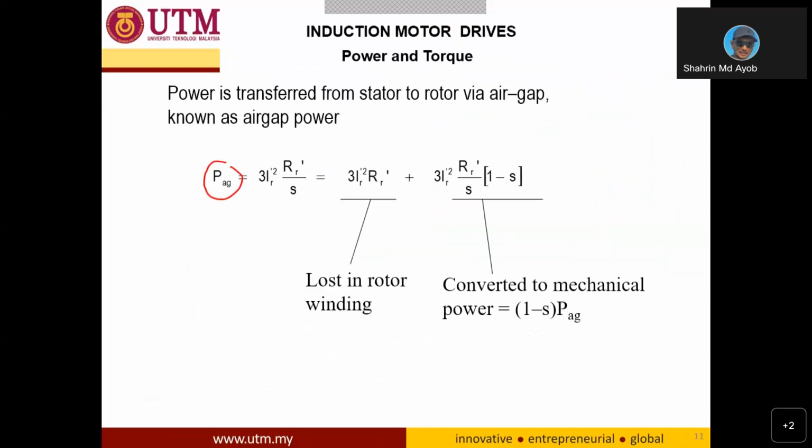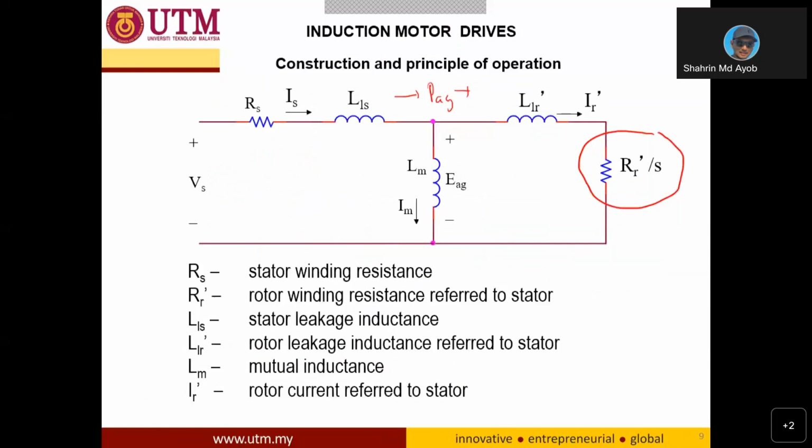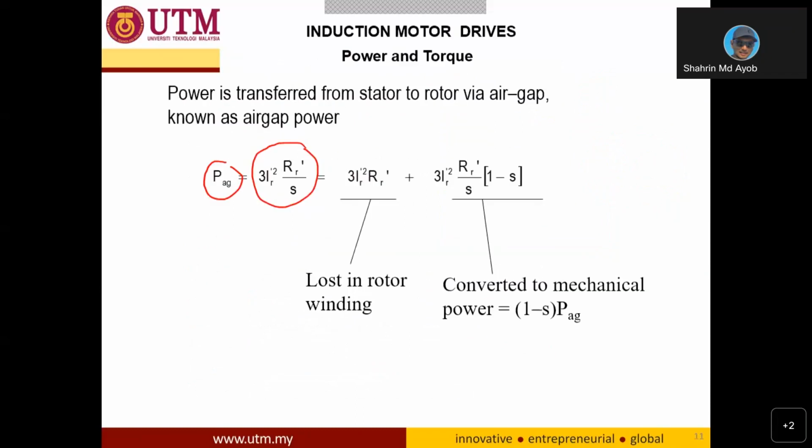So the total power that has been transferred to the rotor can be computed based on this equation. Okay. 3 multiply with current multiply with resistance. Betul tak? From this equivalent circuit, as you can see, the current IR multiply with the resistance. IR kan? I multiply with, sekarang dia punya R is R over S. So that's why you got this.